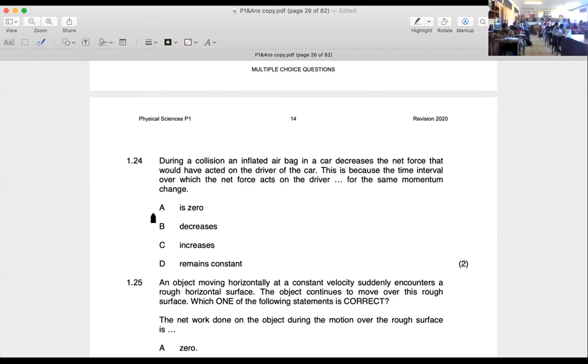Who knows if the answer is A? Hands up. B. C. D. Okay, guys, remember when you dropped eggs off the balcony? What did you want to do? You wanted to increase the time. We use the formula delta P equals force times t.